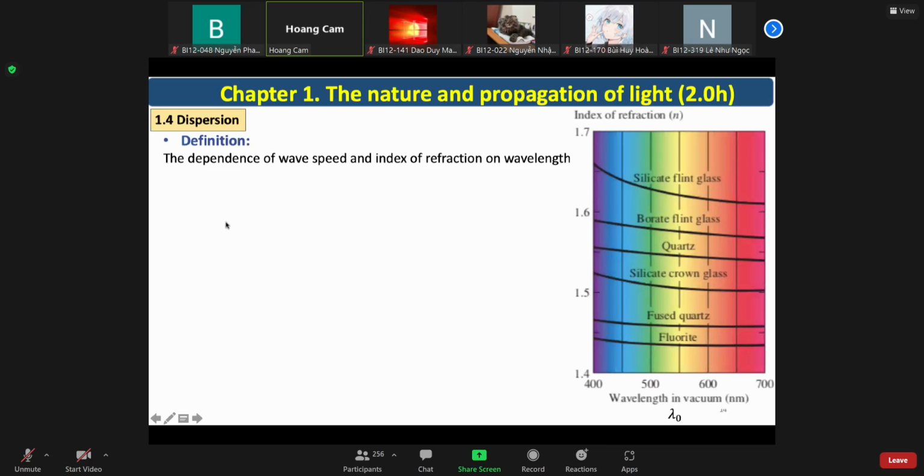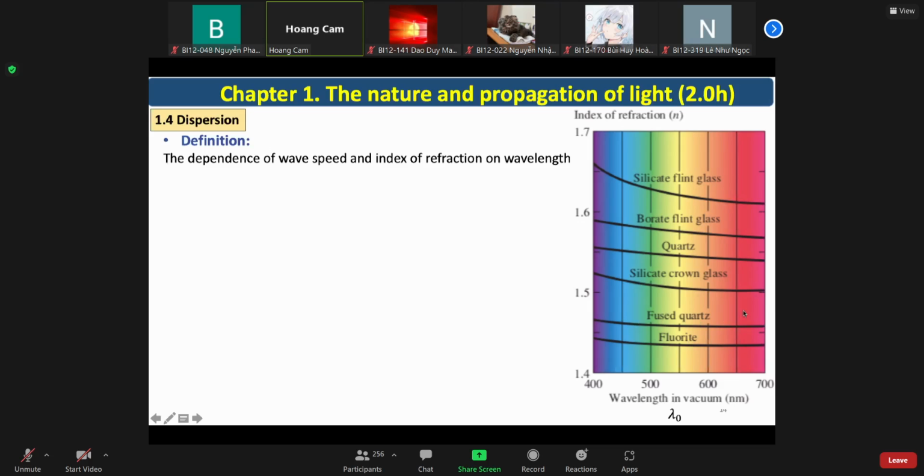So showing you here is a figure which shows the relationship of the index of refraction and the wavelength. Here we use the wavelength in vacuum, lambda 0, with values from 400 to 700.